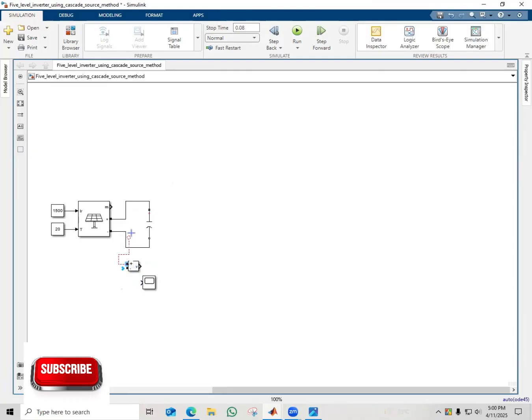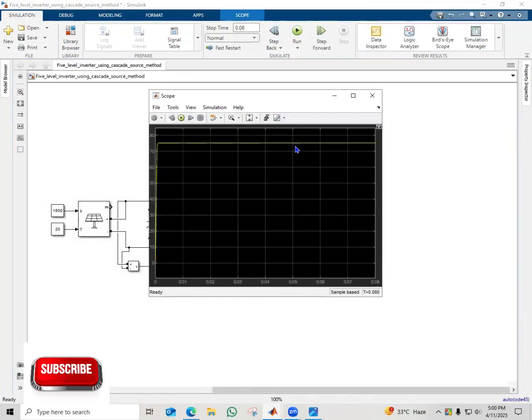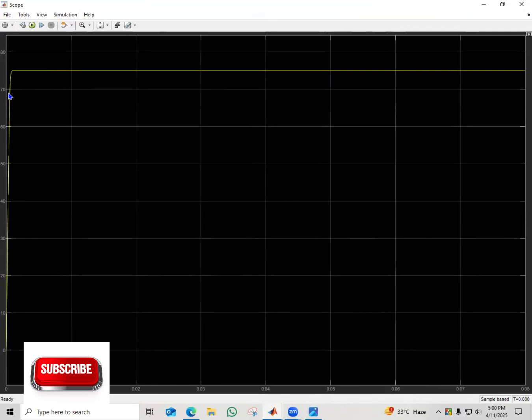Okay, I am connecting the voltage measurement across the capacitor, and the scope is here. Now if we run this function, then we can see that the voltage is approximately 75 volt, between 70 and 80, a medium point like 75 volt.